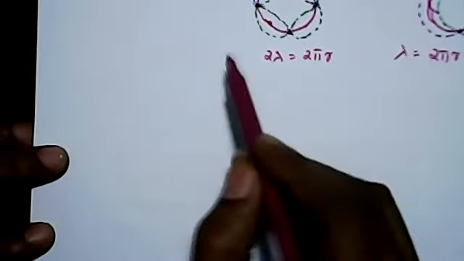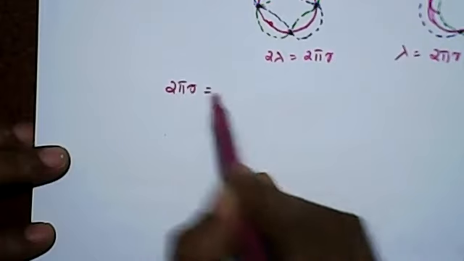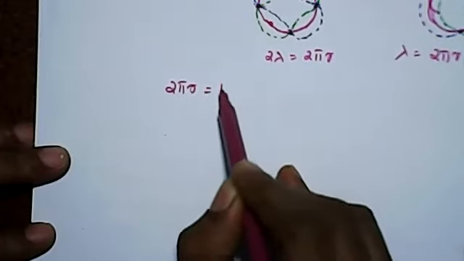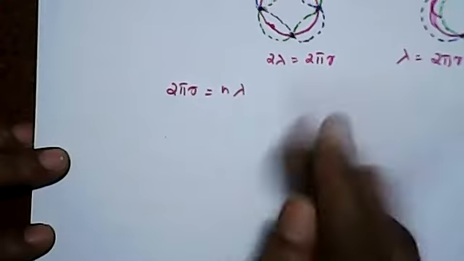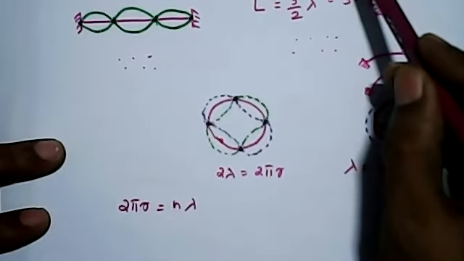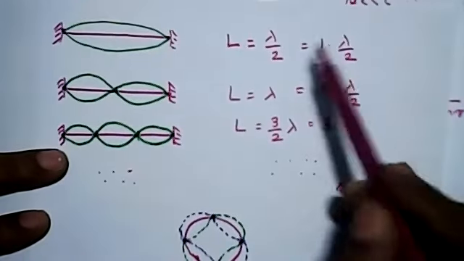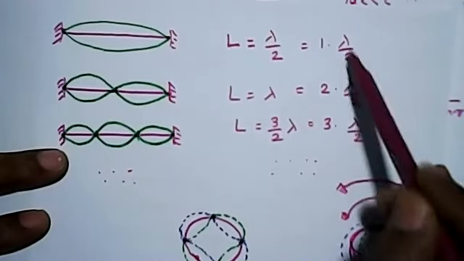So you will get the condition that 2 pi r equal to n lambda. In the case of a stretched string, we have an integral multiple of lambda by 2. The total length of the string equals an integral multiple of lambda by 2.